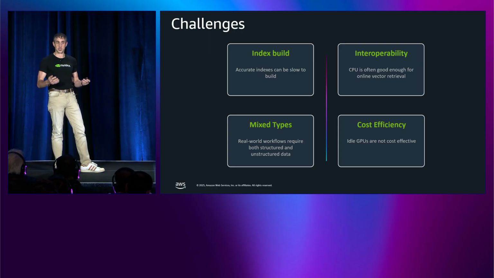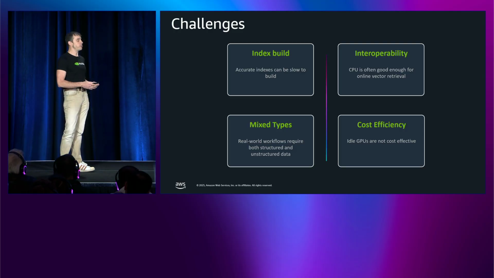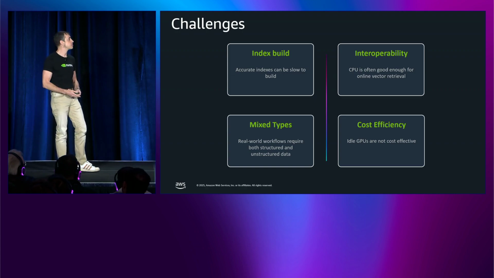If I could do the vector search in 0 time, I'm gaining nothing, right? So having a GPU allocated for that period of time and sitting idle for most of the time doesn't make sense. So it's important that we're able to interop, that we can build indexes really, really fast on the GPU and not lock you into GPU for search.